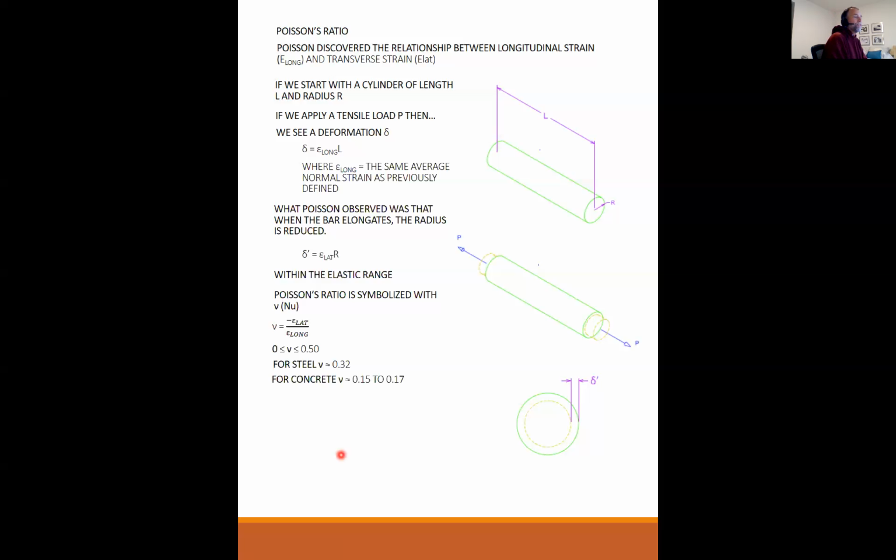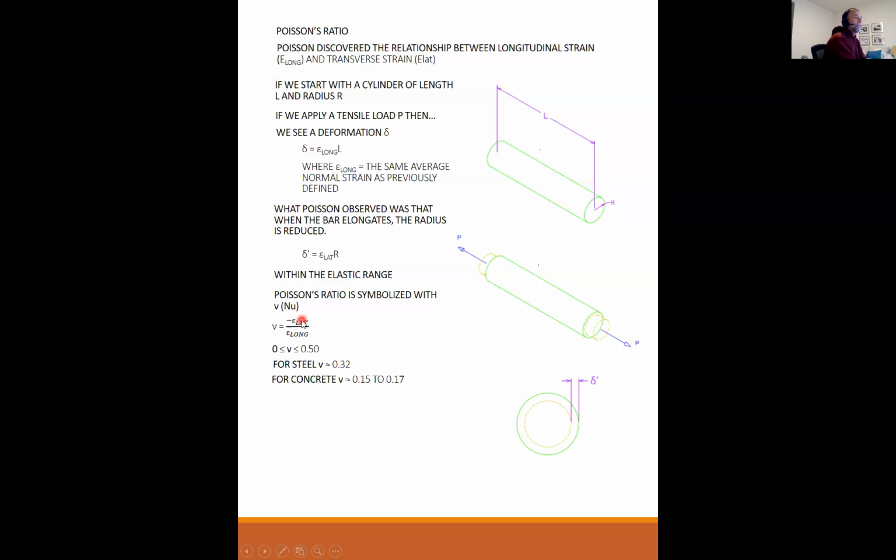Professor, is it the same thing if the bar is compressed, where the radius would increase? Absolutely, yes, good question. And that's where this negative comes in. That's the negative because it's an inverse proportion. If the longitudinal strain is positive, that means it's being stretched, and then the transverse strain is negative because the diameter is getting smaller.